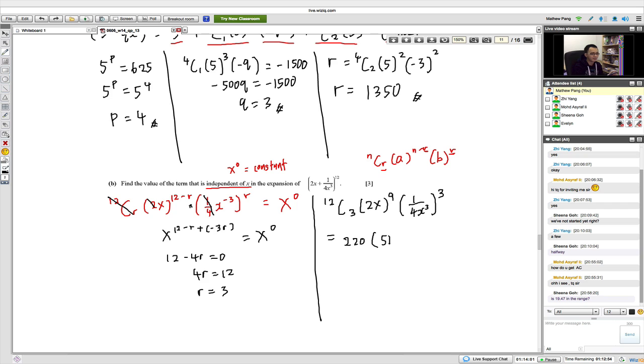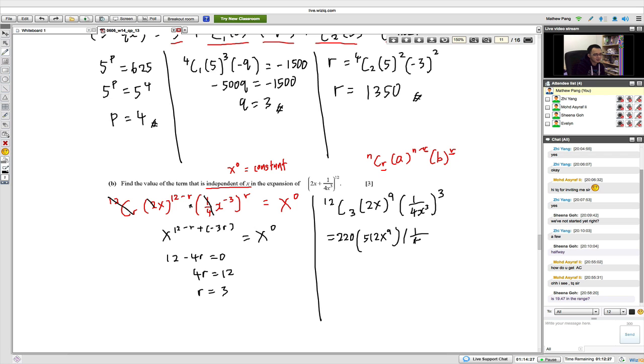x to the power of 9. And then this one will be over... Oops, there's no space here. Maybe I write smaller a bit. Okay, it's 220, and then this is 512 x to the power of 9, and then this one basically is 1 over 64.